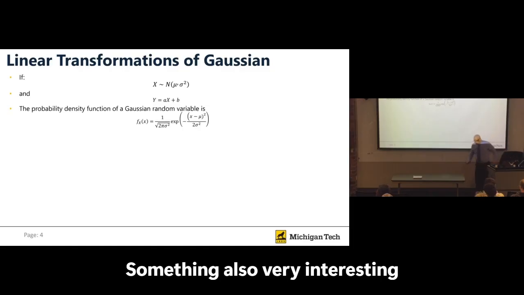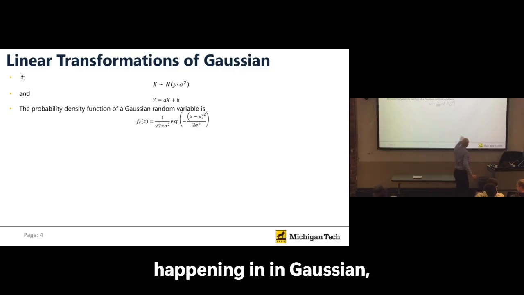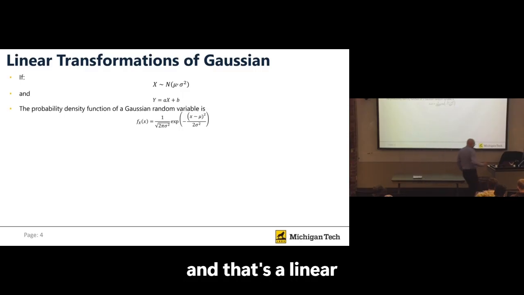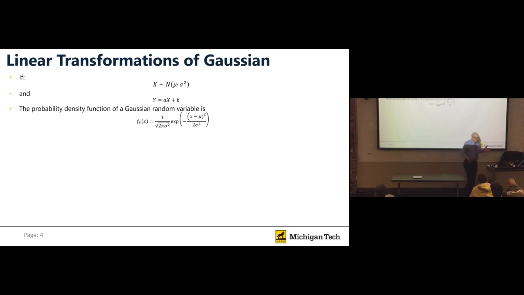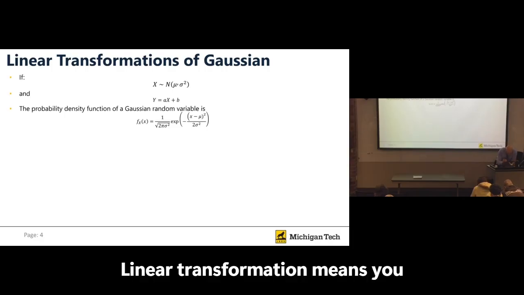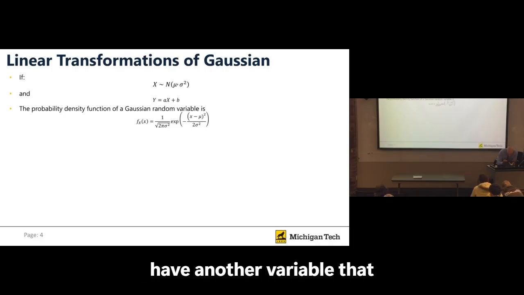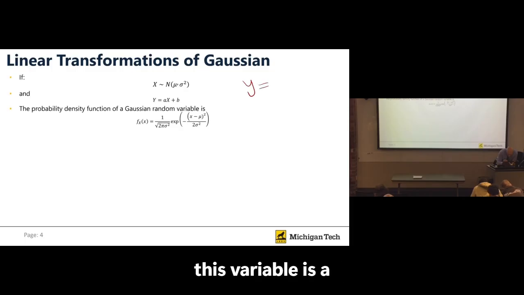Something also very interesting happens in the Gaussian, and that's the linear transformation. OK, what does that mean? A linear transformation means you have another variable that is a function of x.